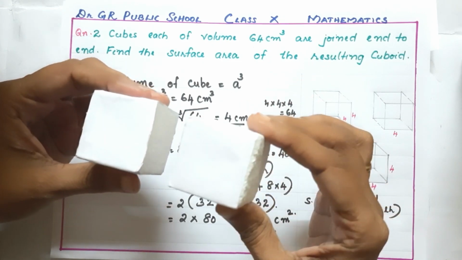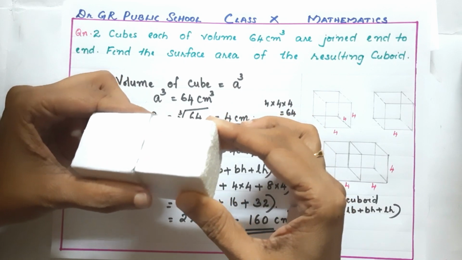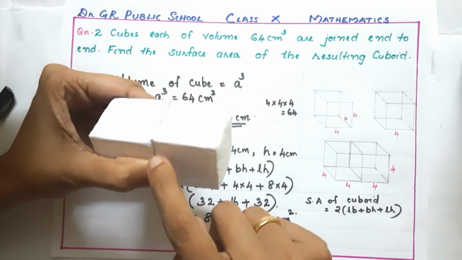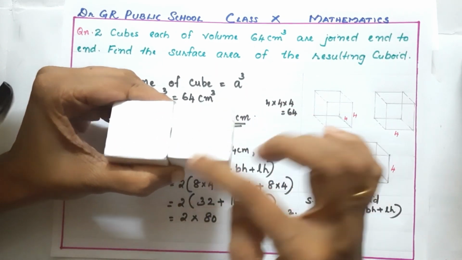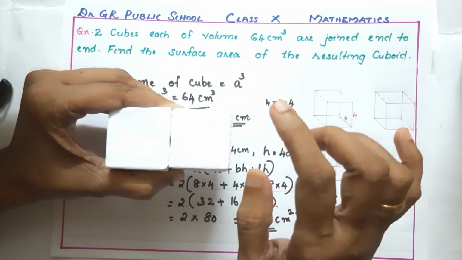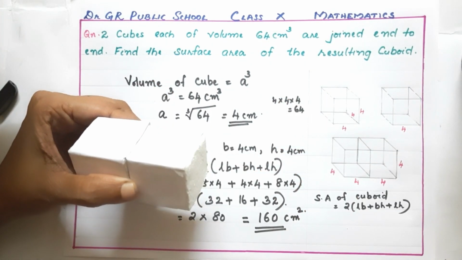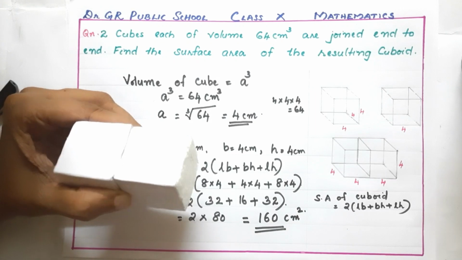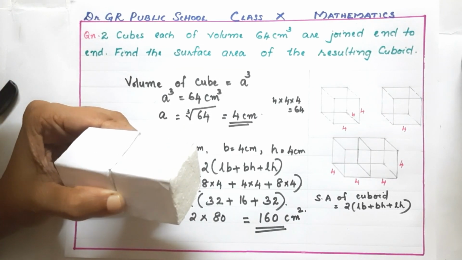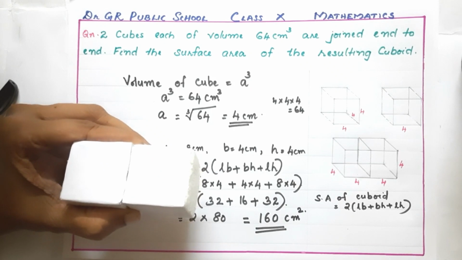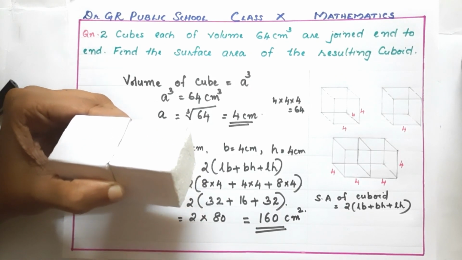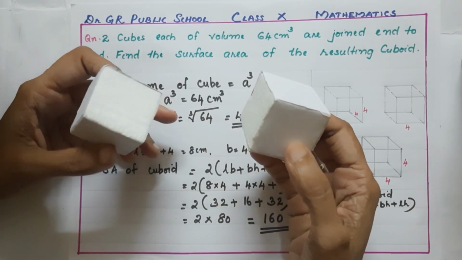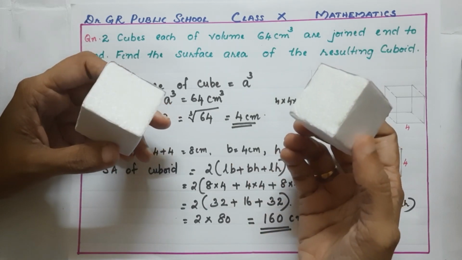When we join these two cubes, one face from this cube and one face from the second cube are not visible to us. And you have to remember one thing. Whenever you find the total surface area of a solid shape, we have to consider only the areas of visible faces. That's why we can't add the surface areas of these two cubes separately. Okay, children?